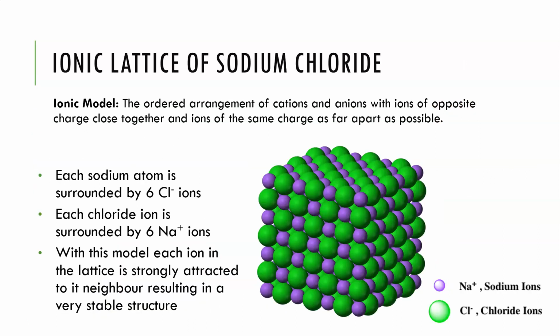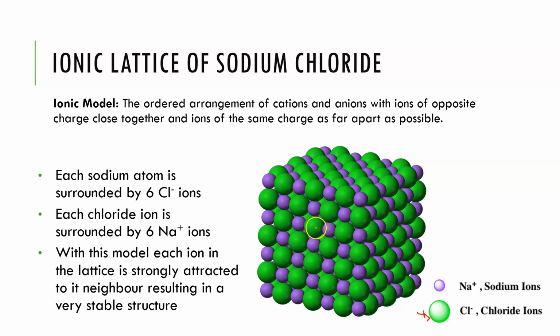If we look at the lattice of sodium chloride, we can see the ordered arrangements of cations and anions. You'll notice that the chloride anion is larger than the sodium cation. Each sodium is surrounded by 6 chlorides.